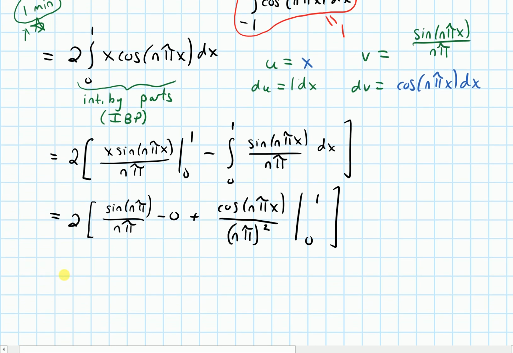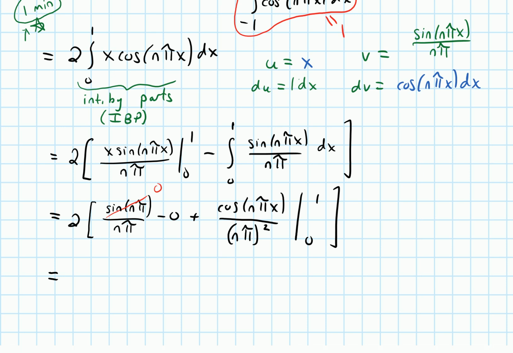All right, so let's continue to simplify this. The first thing that I want to notice is if you take sine of an integer times pi, like sine of 1 pi, or sine of 2 pi, or sine of negative 5 pi, or negative 7 pi, that is always going to be 0.